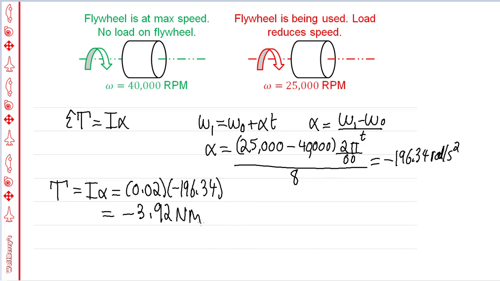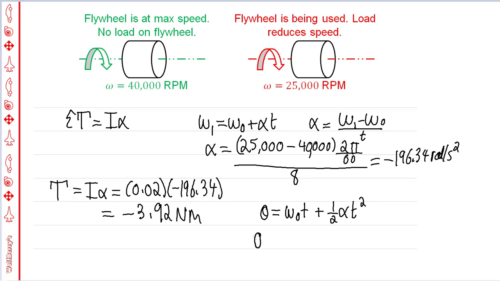Now, the final part wants us to find the number of revolutions the flywheel completes in 8 seconds. To find number of revolutions, you must first find the angle by which it has been rotated, the total angle. So to do that, I'm going to use another constant acceleration equation. Theta equals omega naught t plus half alpha t squared.